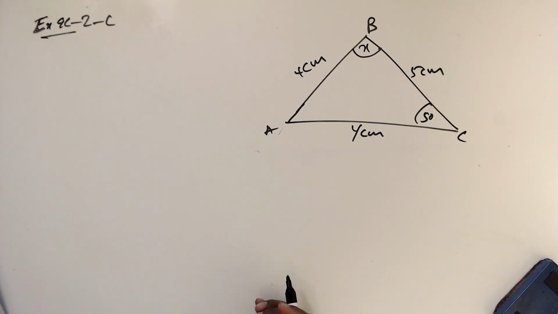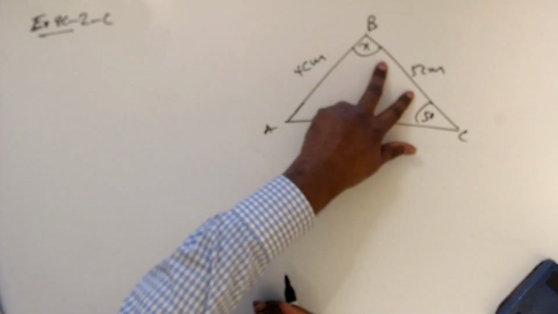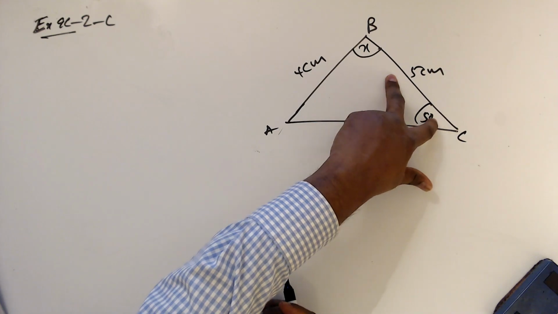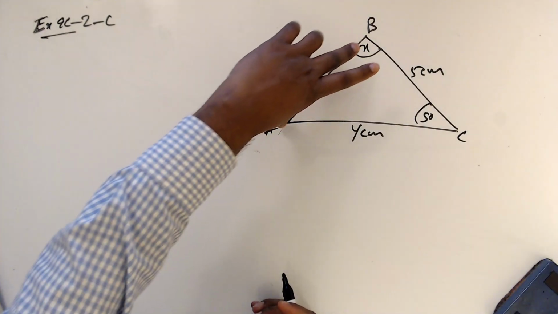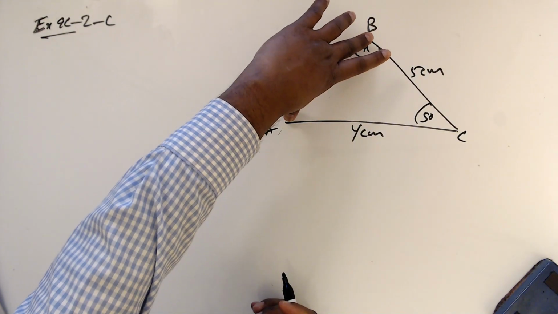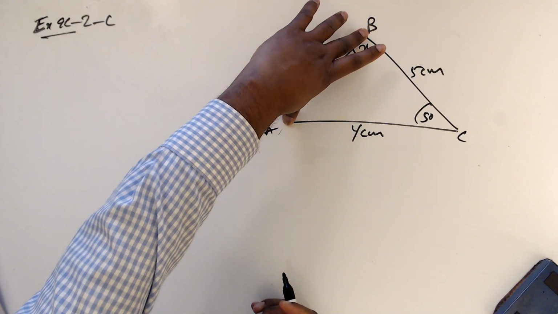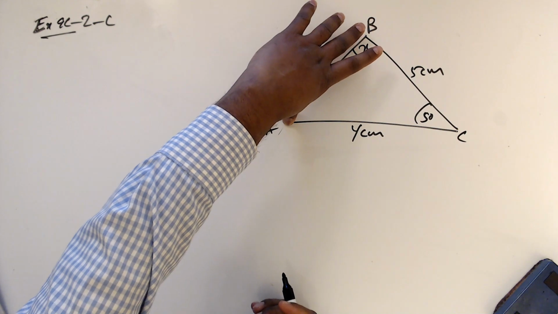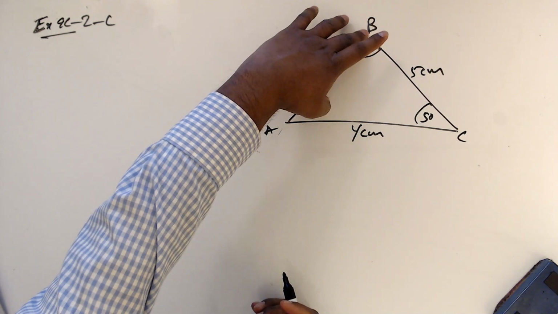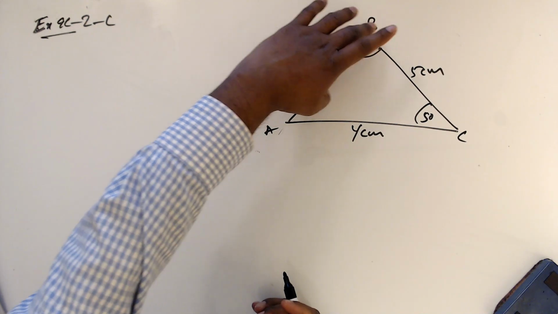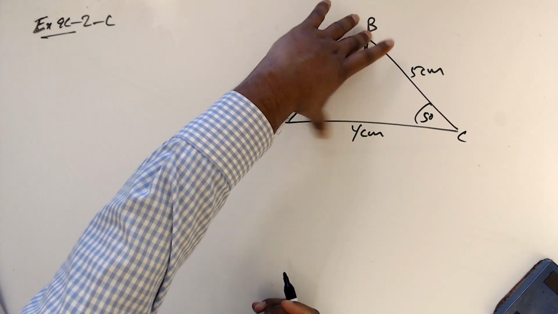So when I look at this one, 5 is here, 50 is here, there are two options.